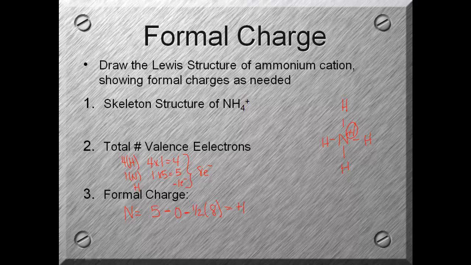You could do the same thing for hydrogen. Hydrogen has 1 valence, has no lone pairs, and half of the shared electrons is 1, because hydrogen will only share 2 electrons here with nitrogen. So that ends up being 0. So each of these hydrogens is 0.